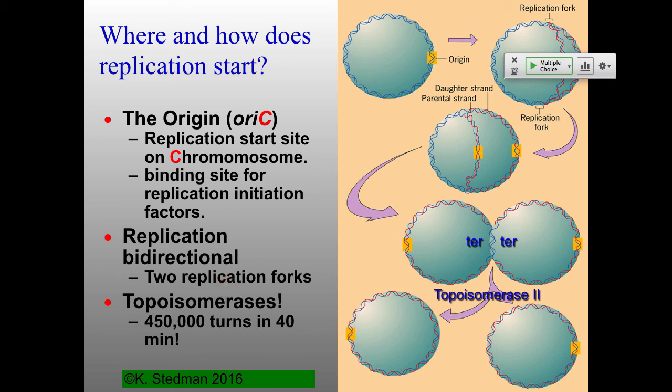So replication takes off there. You have oriC, which initiates the two replication forks all the way around the circular genome, and gets to the terminator, the opposite end of the genome, and these replicated genomes somehow come apart. To have the two replicated genomes apart, this is where you need a topoisomerase type 2.